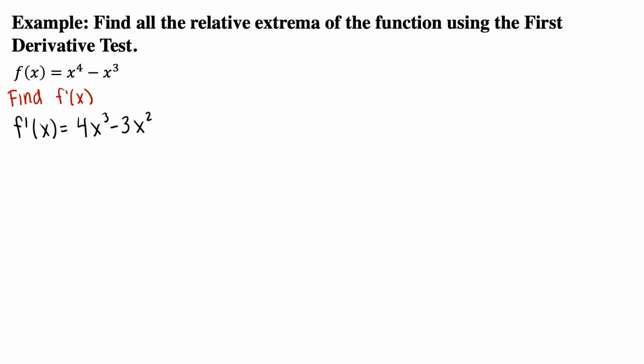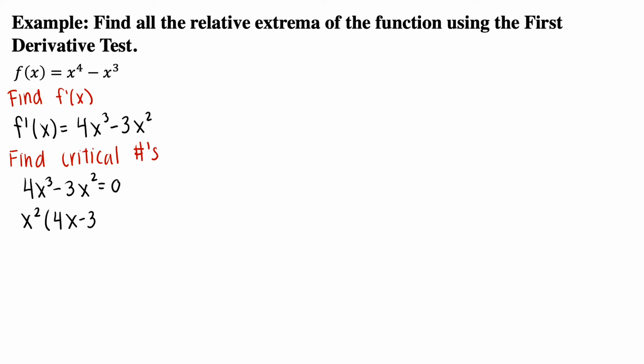Once we have our derivative, we are looking for our critical numbers, which we can do here by just setting this equal to 0. 4x cubed minus 3x squared equals 0. Taking out that GCF of x squared, we're left with 4x minus 3 equals 0, and we get two critical numbers. We get x equals 0 and x equals 3/4.